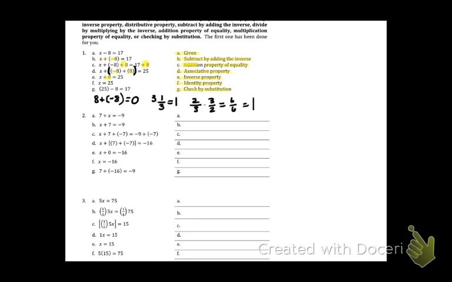Okay, let's go through this one. The first line is always given. Step 2, all they're doing is changing the order of the terms. So 7 goes second place, x goes first place. That's the commutative property.